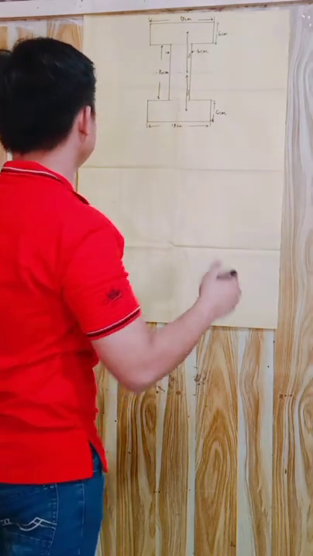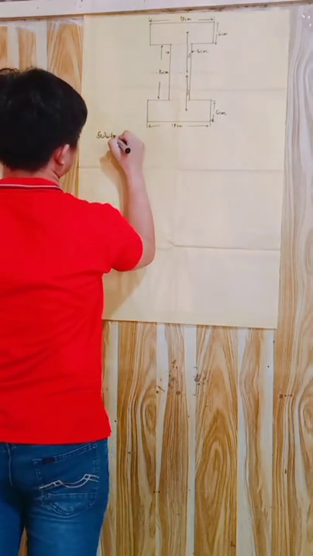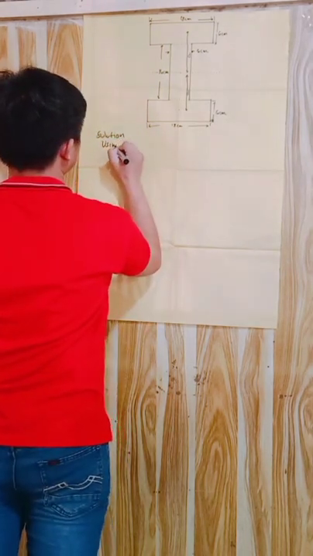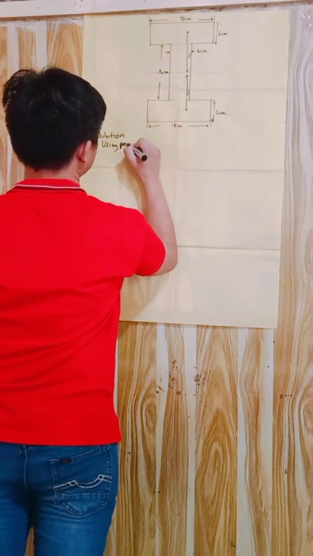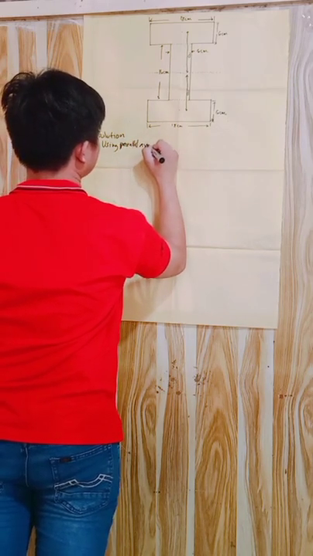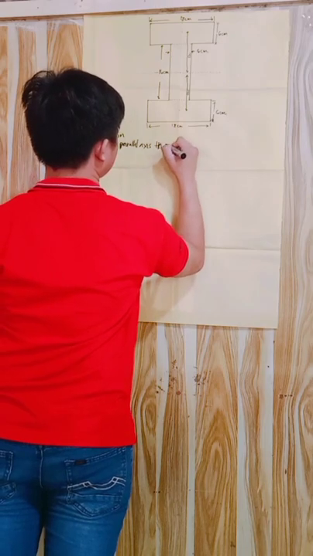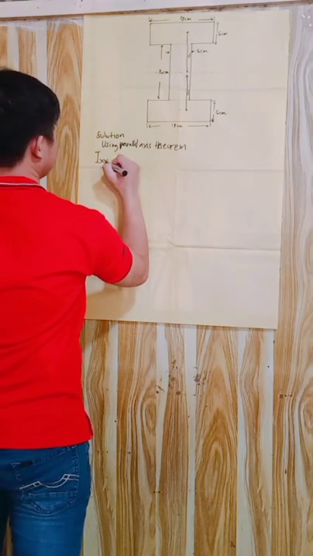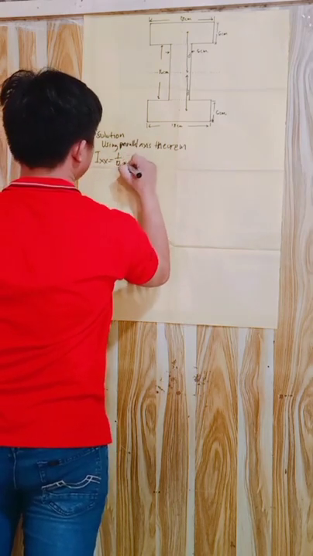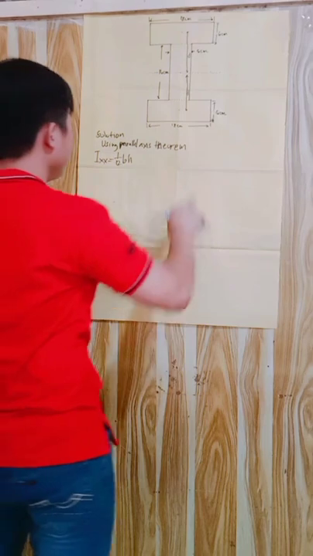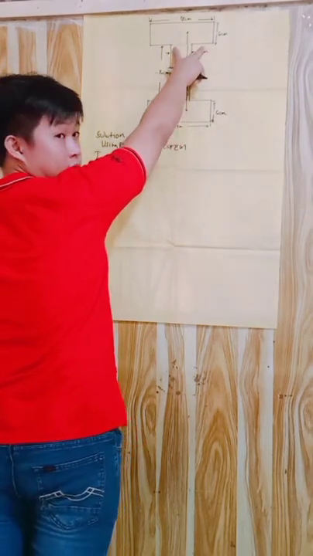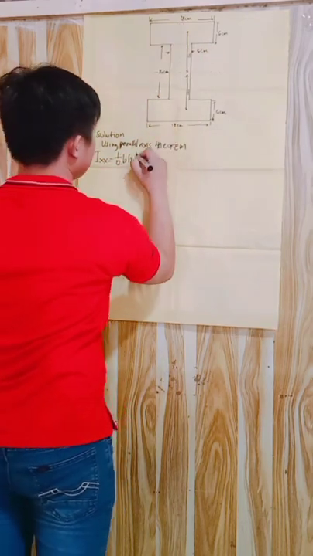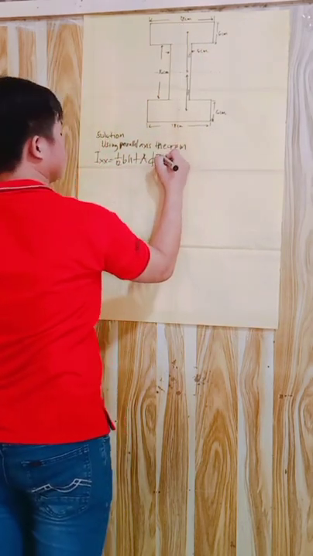The solution for this is by using the parallel axis theorem, which is Ixx is equal to 1 over 12 base times height cubed. This is the solution for this type of figure, plus the area times d squared.